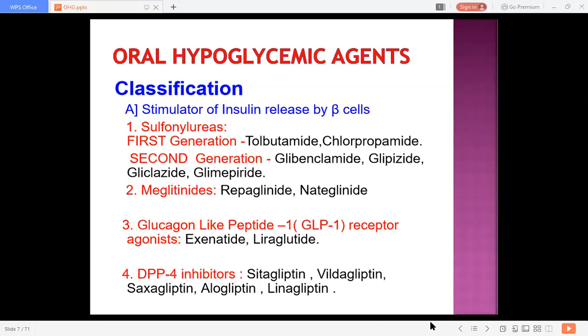In Meglitinides, we have repaglinide, nateglinide. Other category, GLP-1 receptor agonist, that is glucagon-like peptide 1 receptor agonist: exenatide, liraglutide. DPP-4 inhibitors: sitagliptin, vildagliptin, saxagliptin, alogliptin, linagliptin. All these are stimulators of insulin release by beta cells.